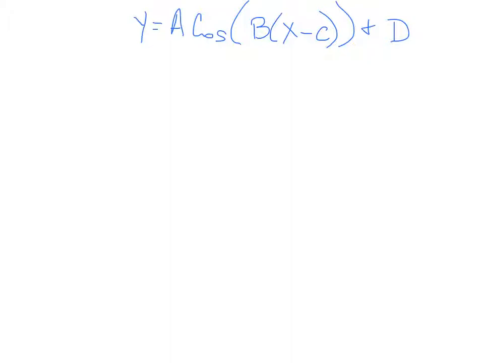Okay, so the general equation of the cosine function is y equals a cosine b x minus c plus d. But in this video we will not be doing any horizontal shifting. The horizontal shifting comes about with that minus c here.